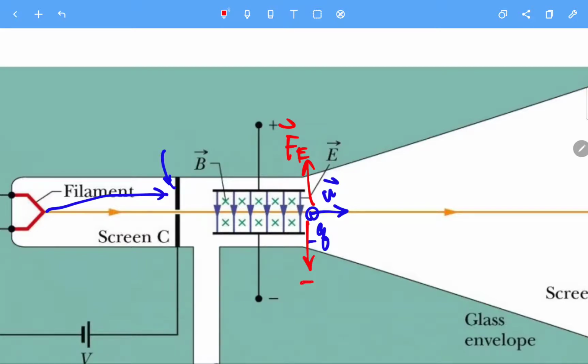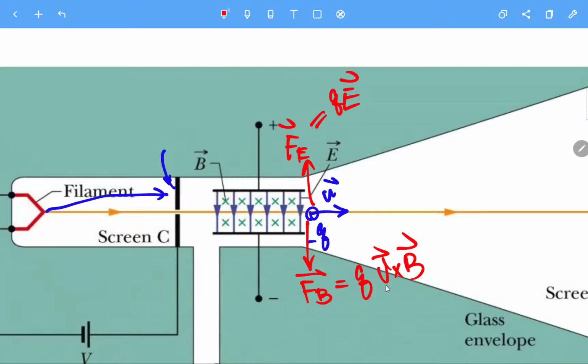So in this case FB is pointing downward. So Fe equals qE, and FB is q times V cross B.